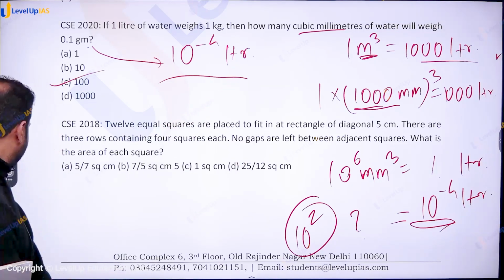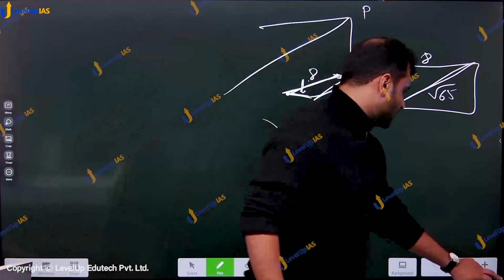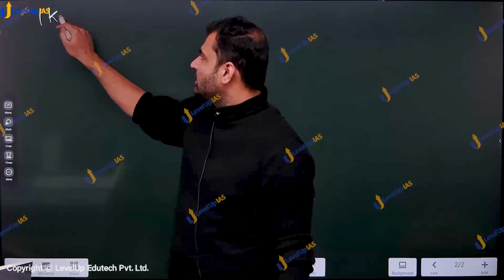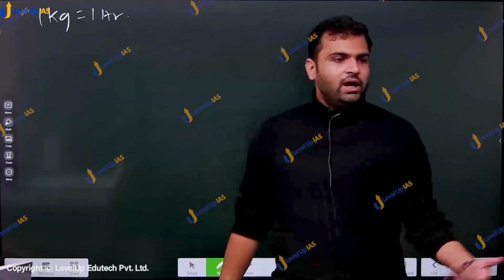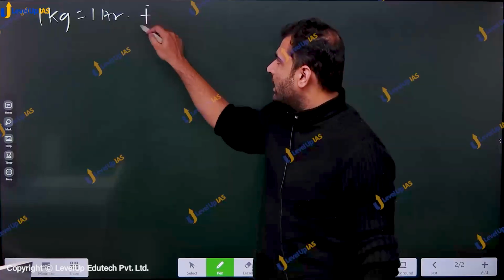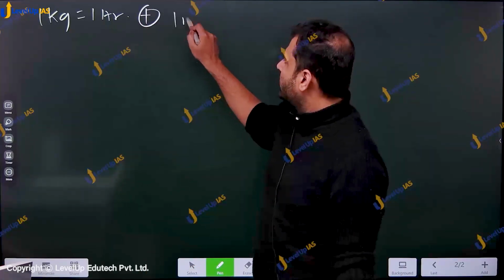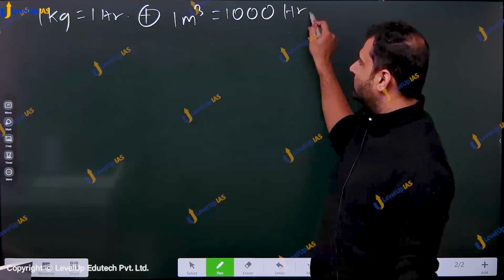Okay, let us do that journey together once more. The question given is 1 kg is equal to 1 liter, and another information that I gave you, which you should have, is 1 meter cube is equal to 1000 liter.